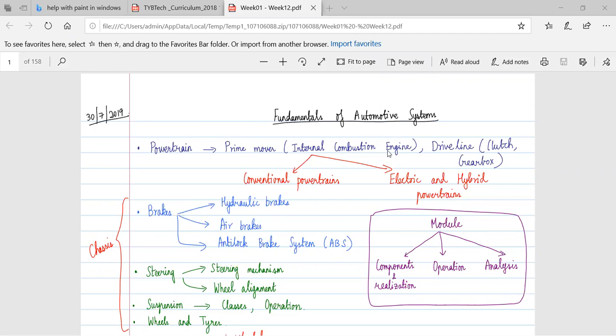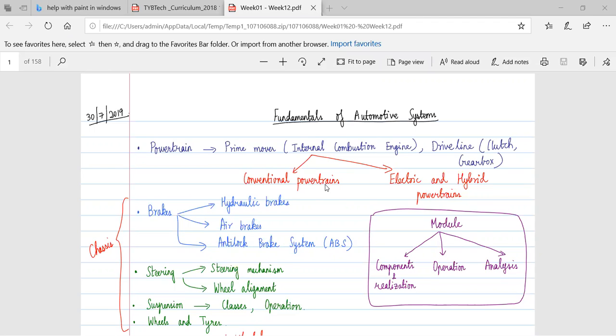There are two types of powertrain: one is conventional powertrain, and the second is electrical and hybrid powertrain. In conventional powertrain, we have petrol, diesel, and gasoline types of engines. Nowadays we have electrical and hybrid powertrains, which do not use internal combustion processes, but still in hybrid cars those are attached with the conventional powertrains.